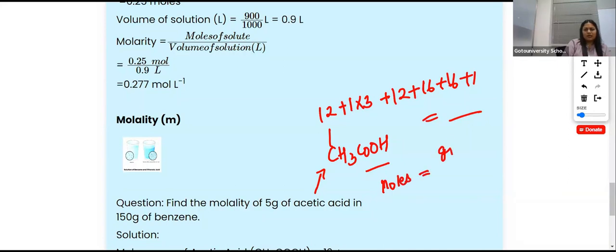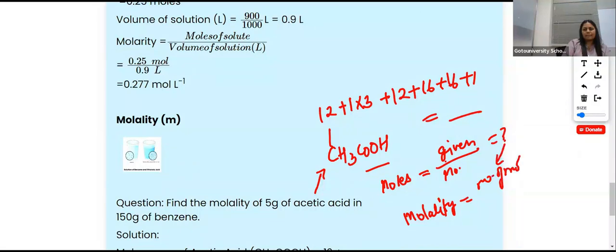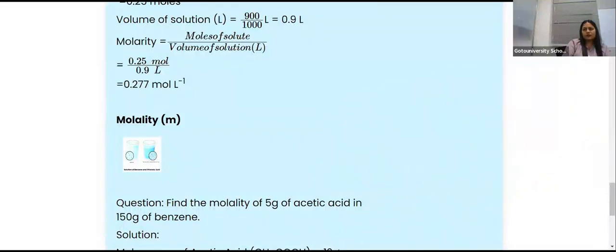Here the given mass by molecular mass. Then apply the formula for molality. That will be the number of moles that you will get here, divided by total volume, that is 150. All right. So I hope you can solve this question on your own.